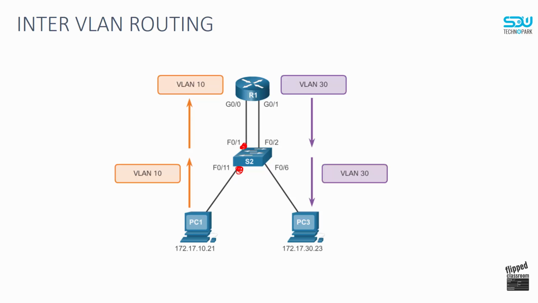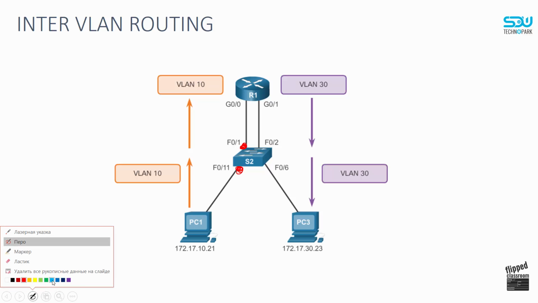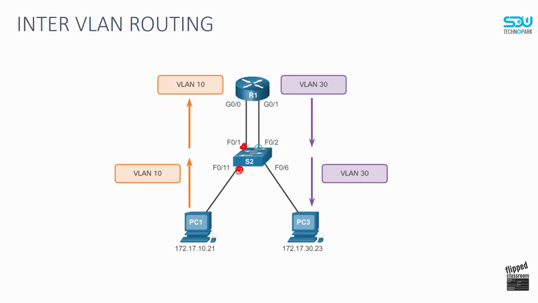The red colored ports on the switch are going to be configured with VLAN 10, and the blue colored ports of the switch will be configured with VLAN 30. Now we also have to configure our router, so we configure an IP address, for example 172.1.7.30 and 1 here.